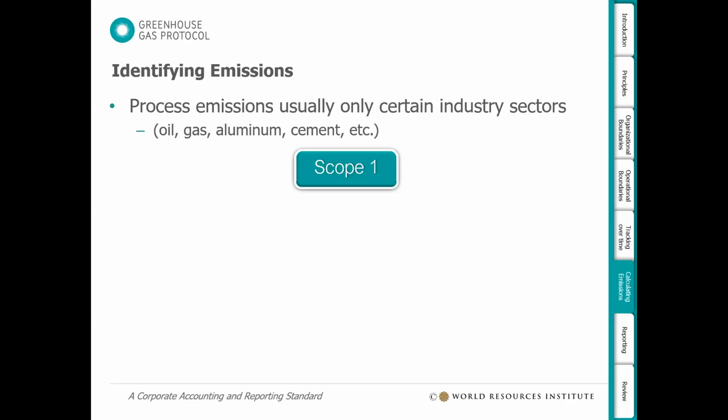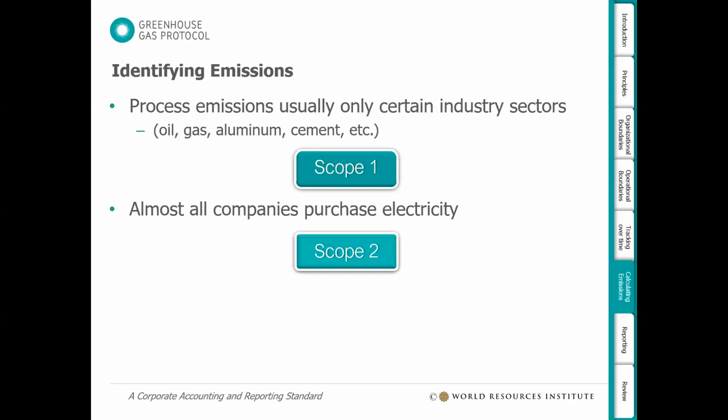So once Scope 1 sources have been identified, the next step for a company is to identify indirect emission sources from the consumption of purchased electricity, heat, or steam. And almost all businesses generate indirect emissions due to electricity purchases. And that's one reason why Scope 2 emissions have to be reported under the corporate standard.